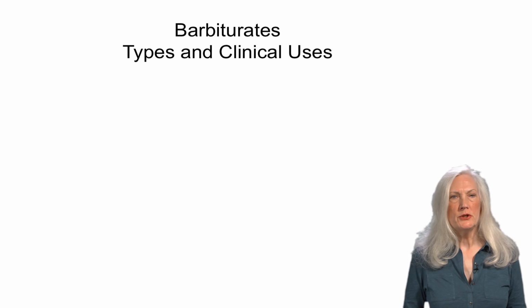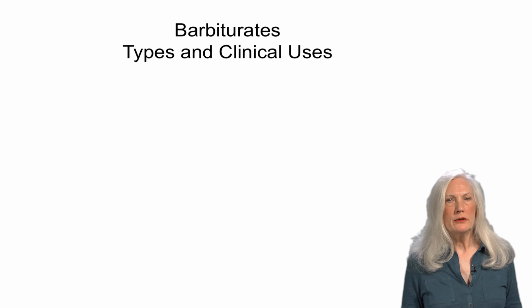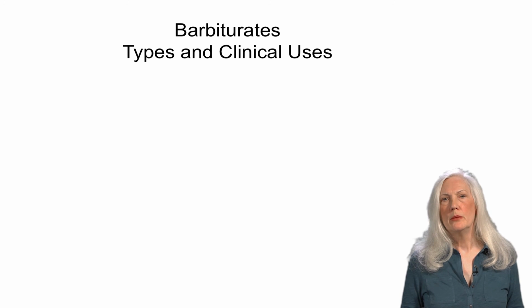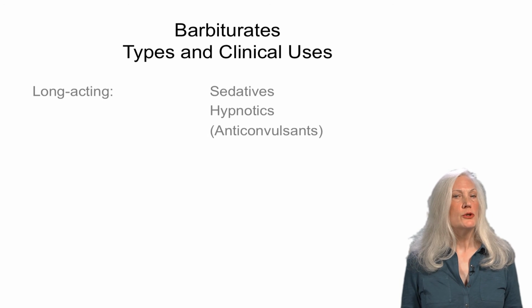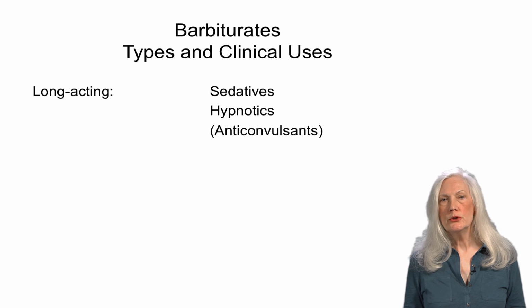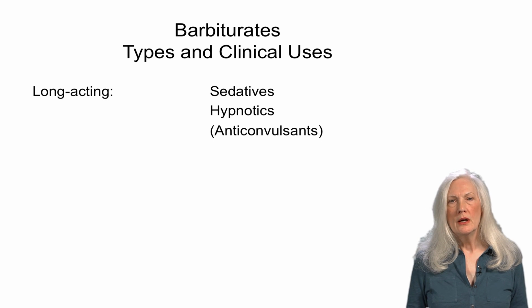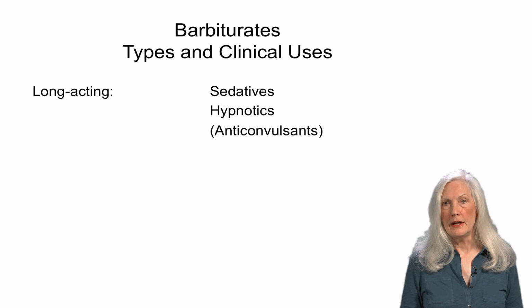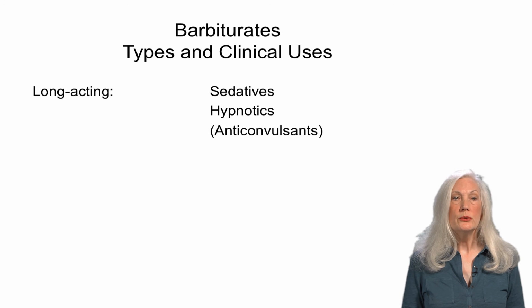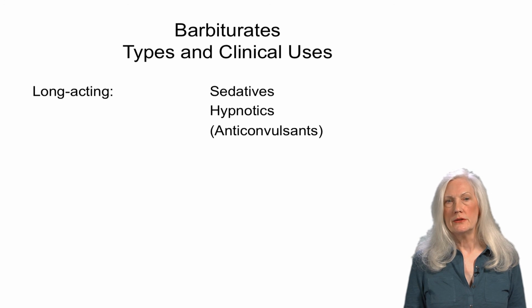Once there are substitutions on the barbituric acid molecule, they can do any of a number of different things. The simpler compounds, with the shortest and simplest substitutions at those R positions, are long-acting depressant compounds, capable of inducing sedation or even hypnosis, but they're not safe as anesthetics because they induce too much respiratory depression at doses that would be needed to induce anesthesia.